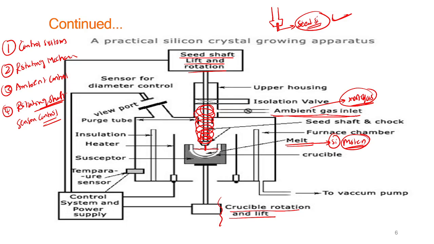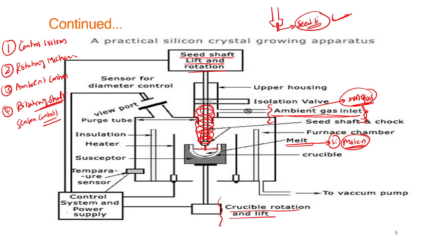Molten silicon may react with oxygen, or form hard material like silicon dioxide, or react with some gases present in the atmosphere. In order to prevent that, we are using this ambient control.